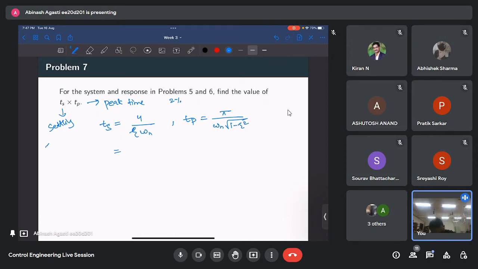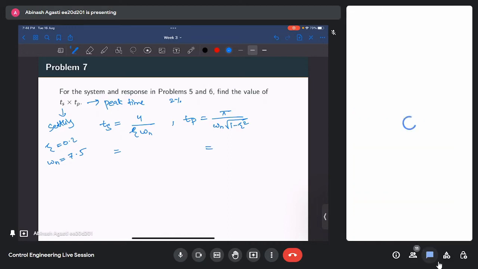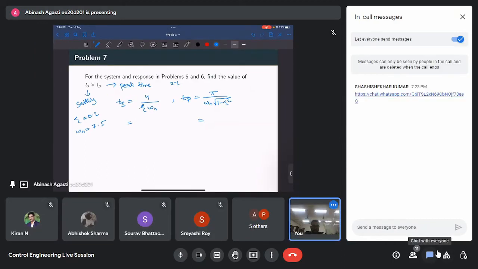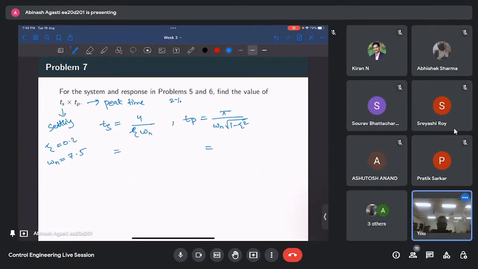We obtained zeta as 0.2 and omega n as 7.5. So what should be the settling time and the peak time? Settling time is 2.66 seconds, sir.